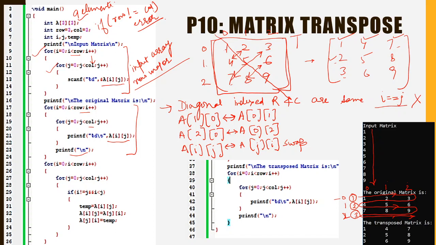If you take this also for the interchange, this 2 will again go to the 4 location, and 4 will come here. So this would be a repetitive interchange of the same elements. What is required is one more condition, where you do either the upper triangular interchange or the lower triangular interchange.